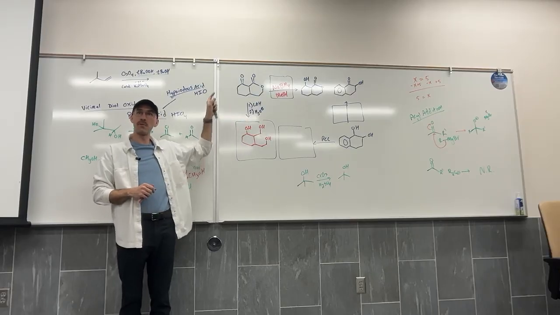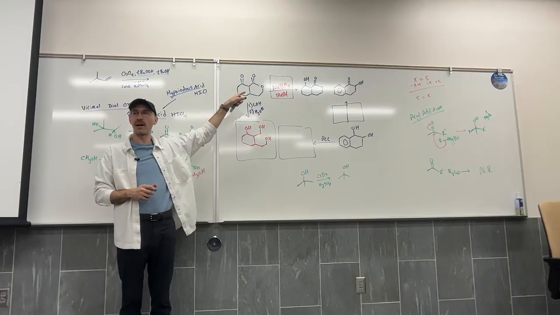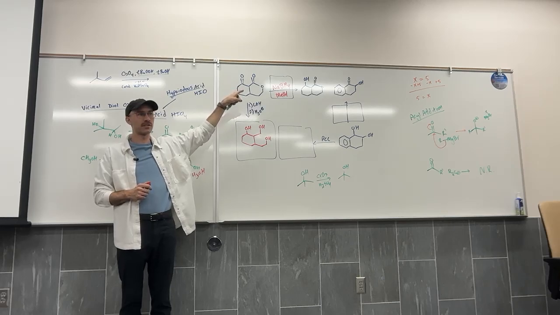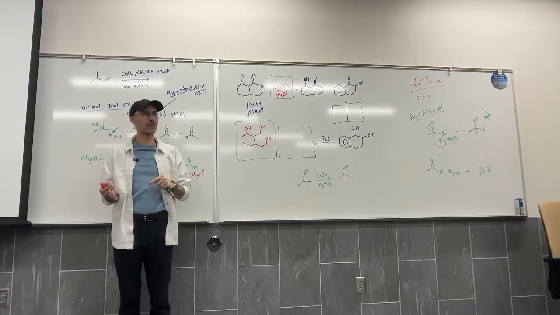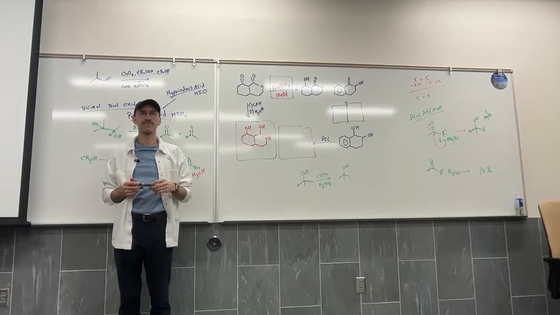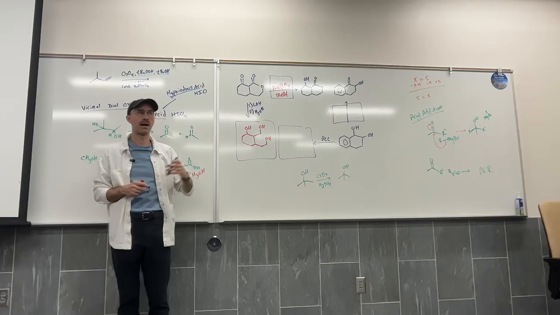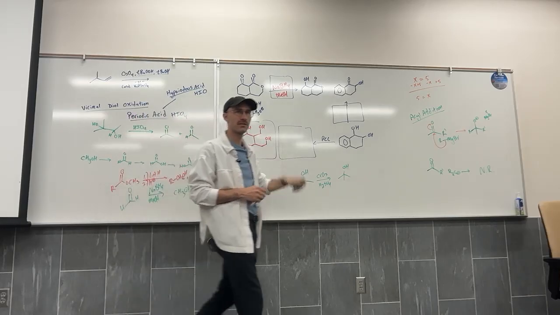And can someone remind me why sodium borohydride reduces the ketone but not the ester, and LAH reduces both the ketone and the ester? Why is this a stronger reducing agent?